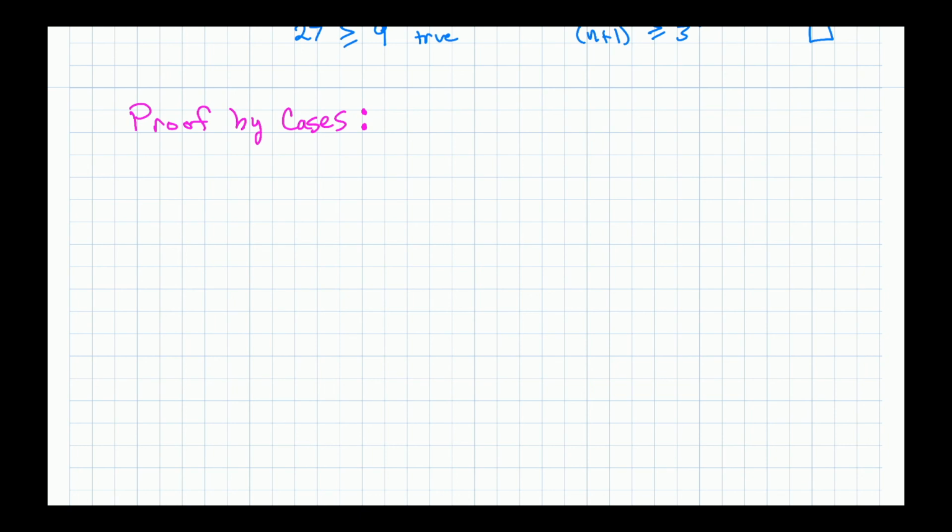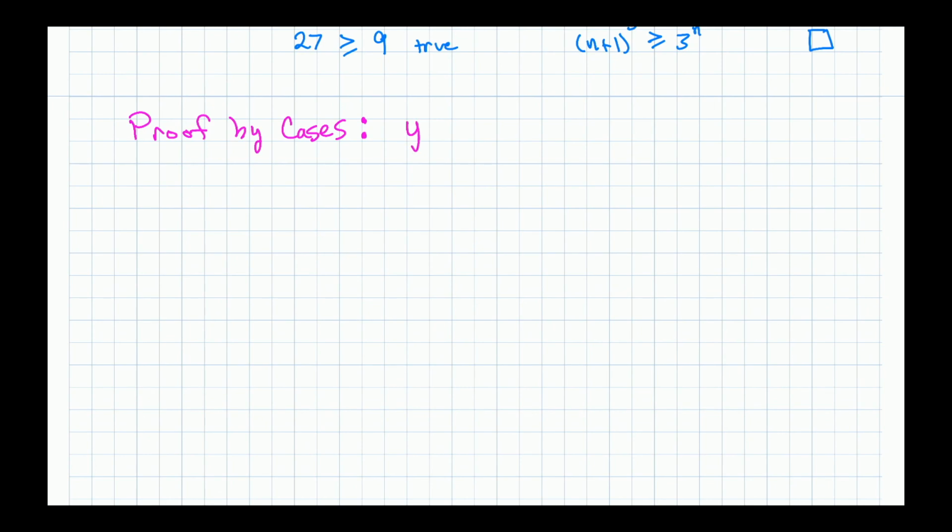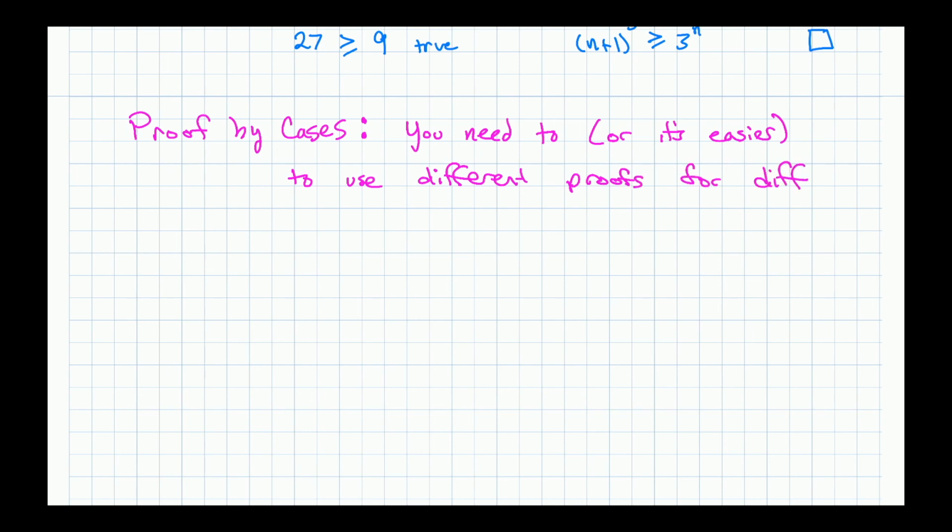I know it doesn't, but basically, you do a proof by cases when it's easier to use different proofs or proof techniques for different subsets.